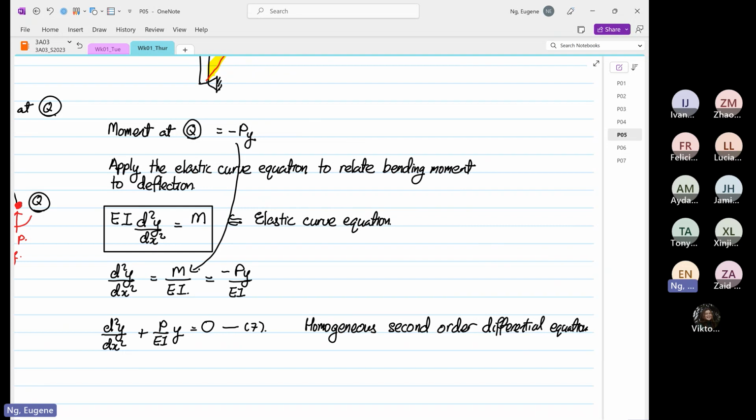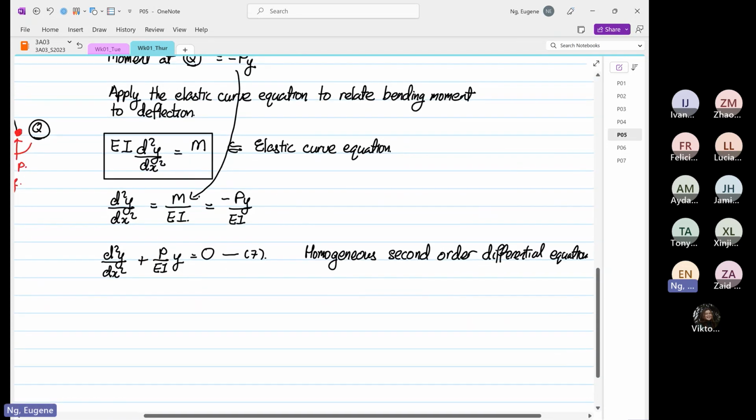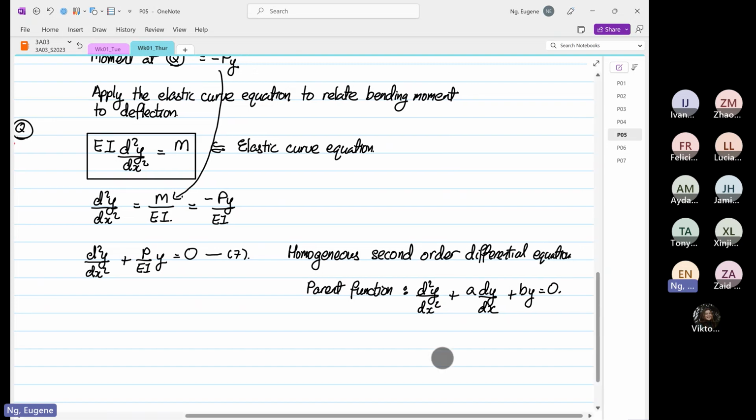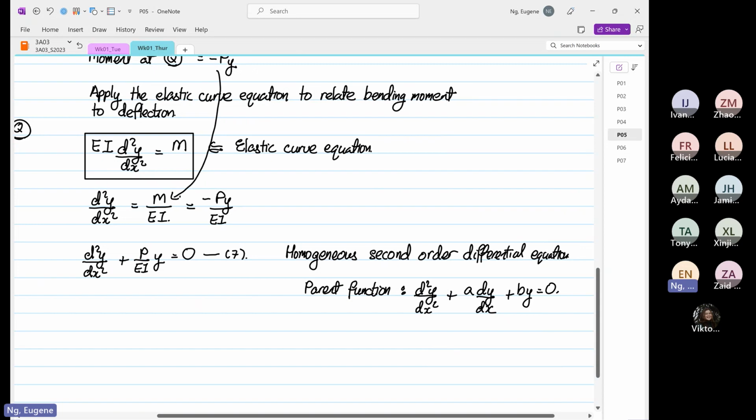If we look at the parent function, it is d squared y over dx squared plus a dy by dx plus by is equal to 0. This is the general parent function for a homogeneous second order differential equation.